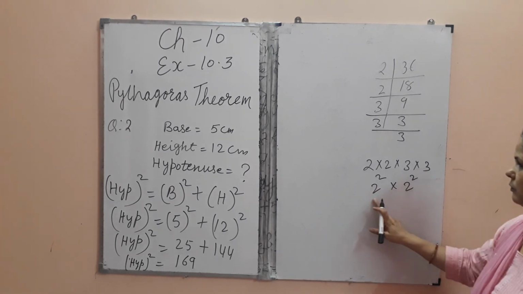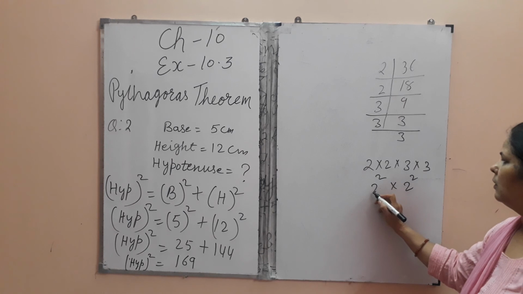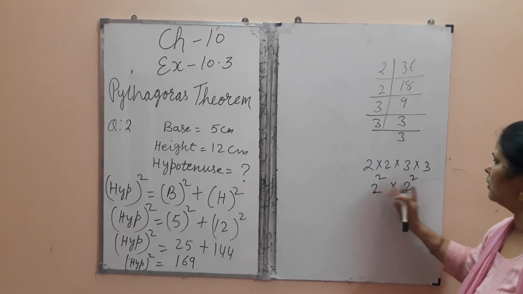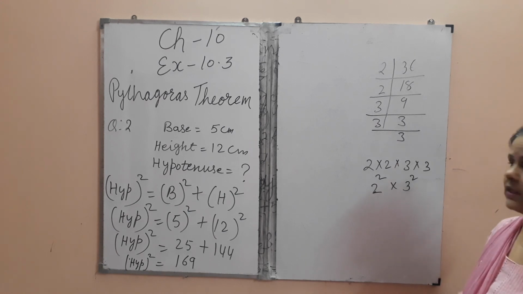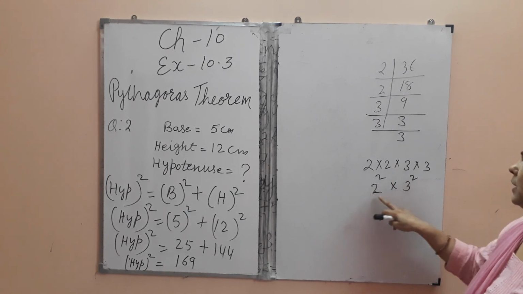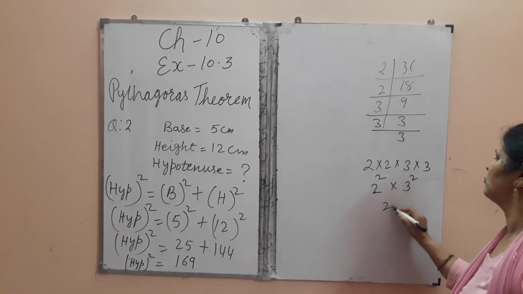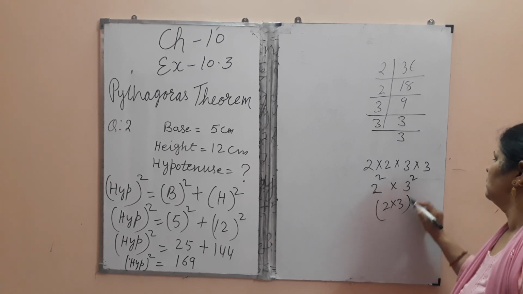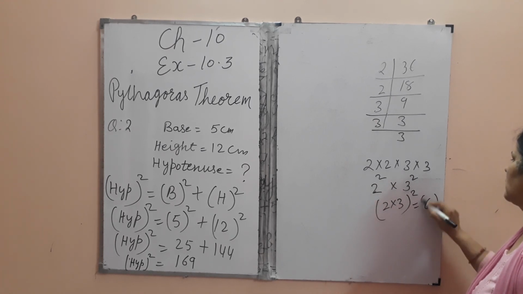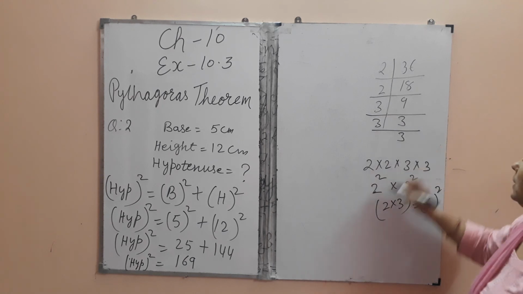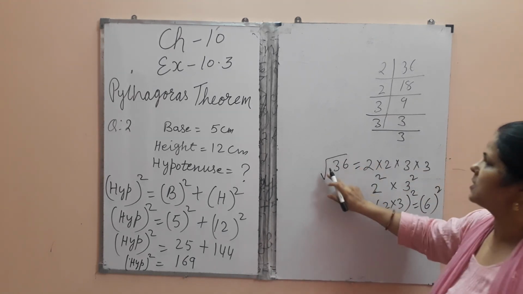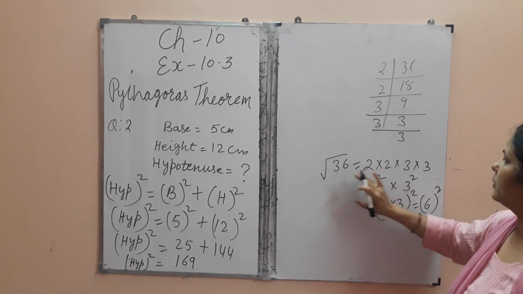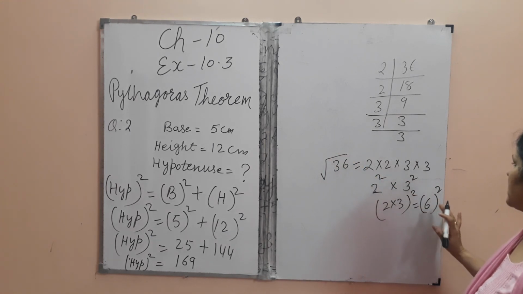According to the laws of exponents, if the powers are same, then base will be multiplied. So it will be 2 into 3 square, so it will be 6 square. So like this we will find out the 36. Square root of 36 will be, this is the symbol for square root, 6.